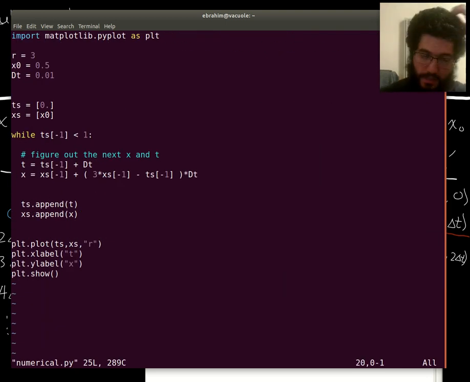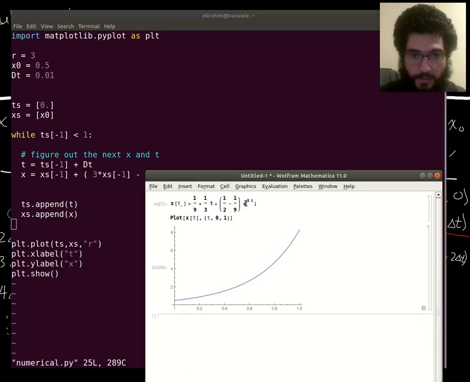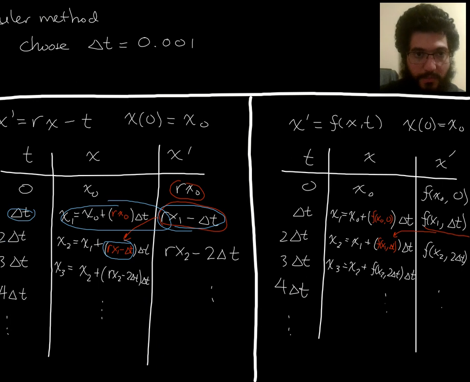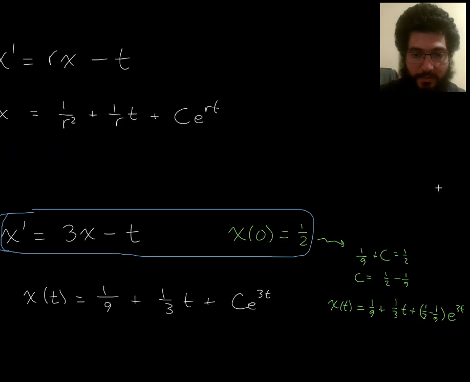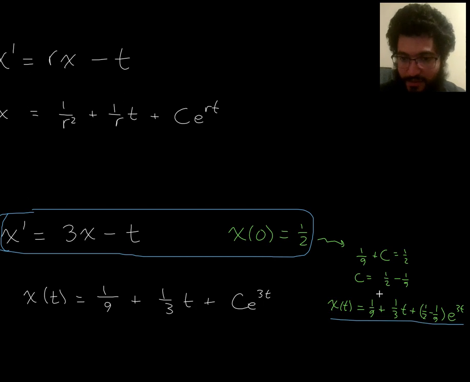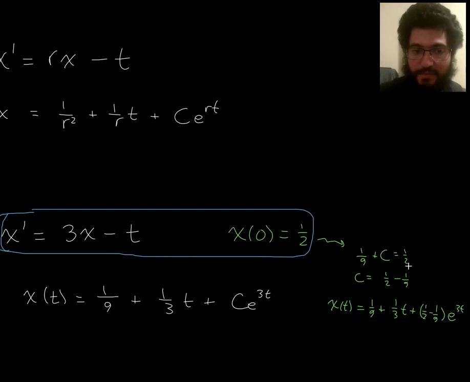So I think to do the comparison and get matplotlib to show the theoretical solution, so to show what I had in Mathematica here, I'm basically gonna have to somehow generate a list of x's that takes these exact values that I got using the method of integrating factors.